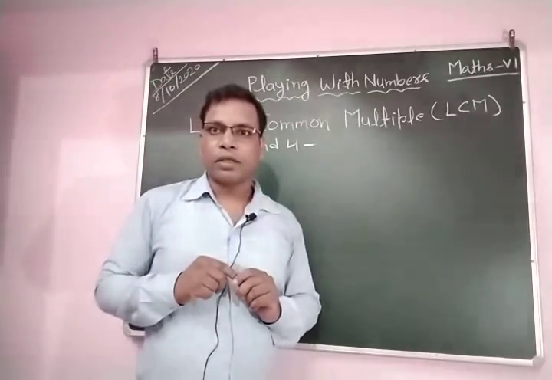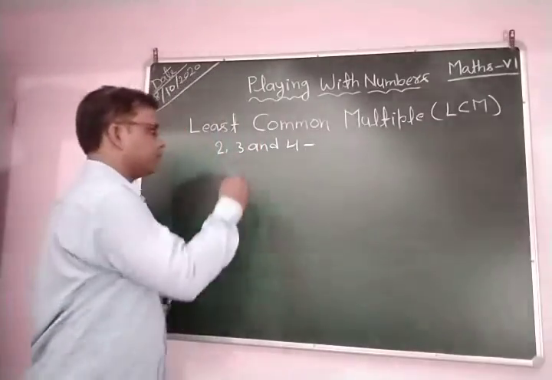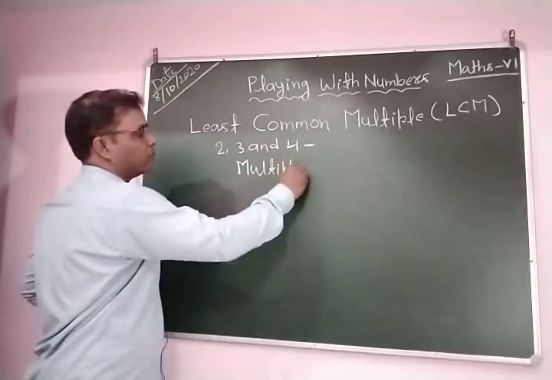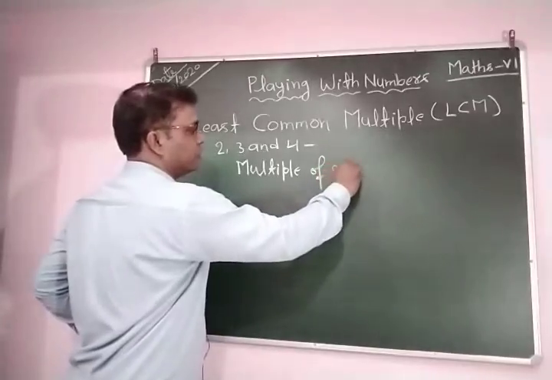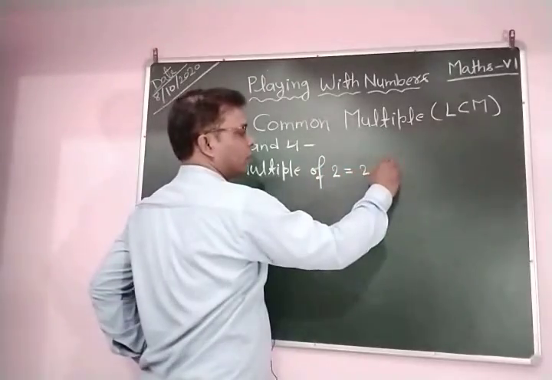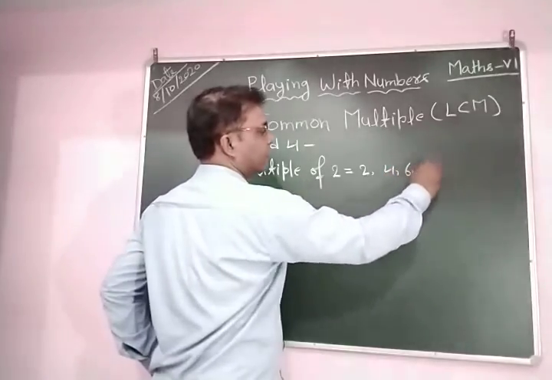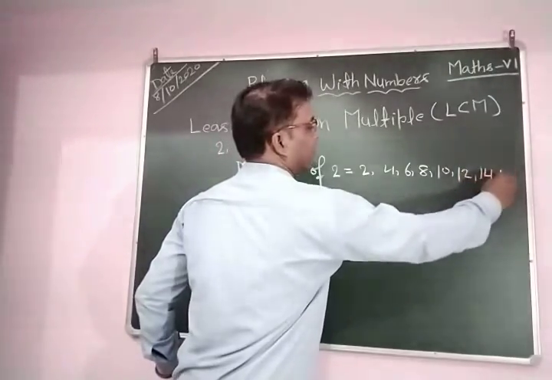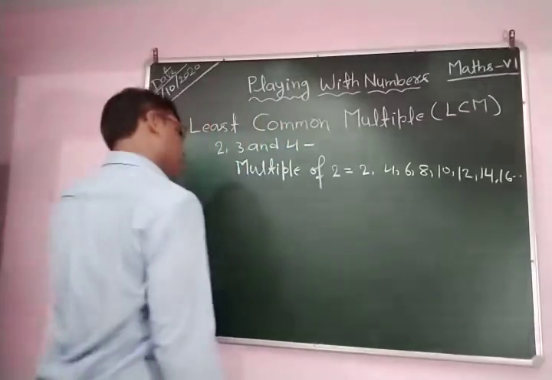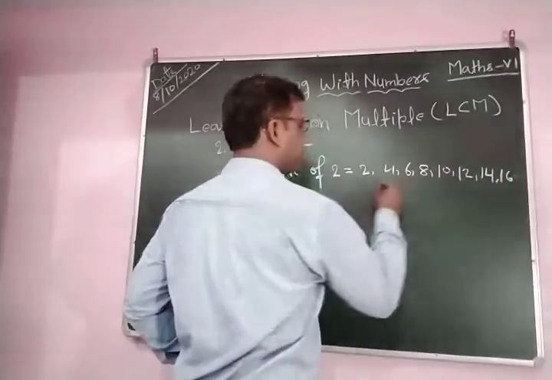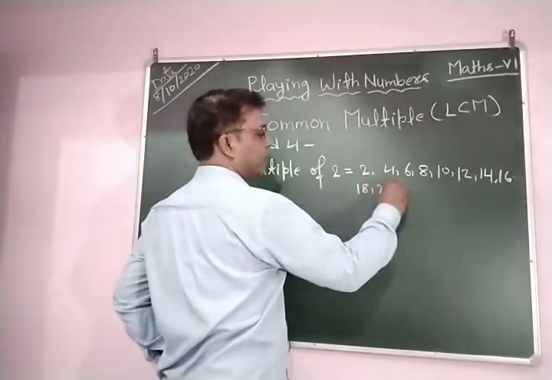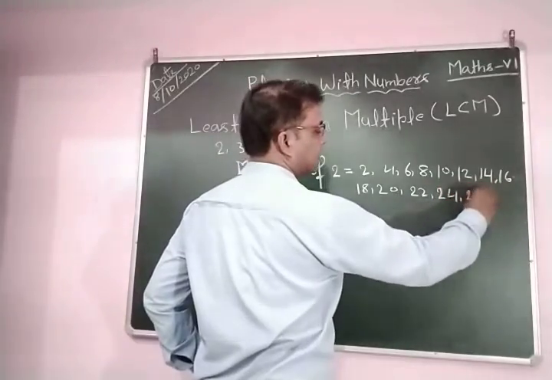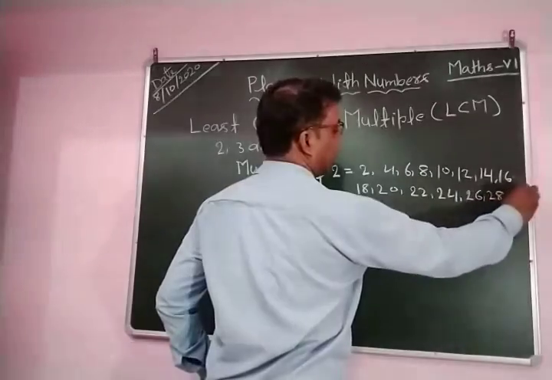The multiples of 2 are 2, 4, 6, 8, 10, 12, 14, 16, 18, 20, 22, 24, 26, 28 and so on.